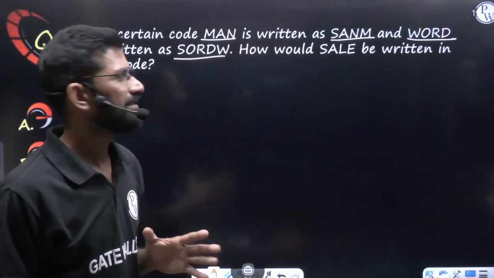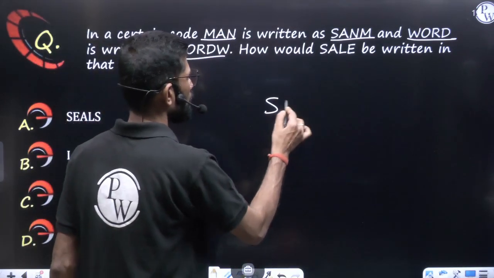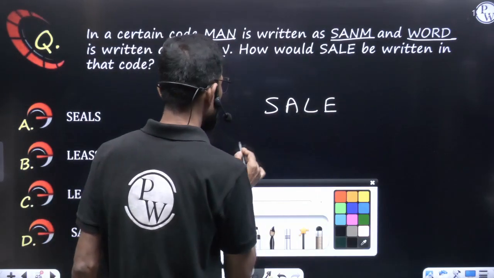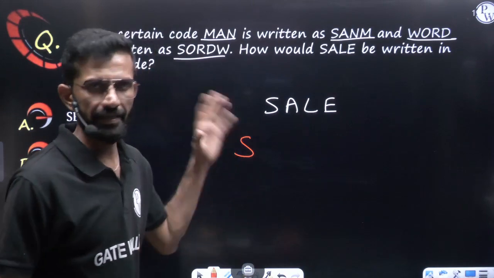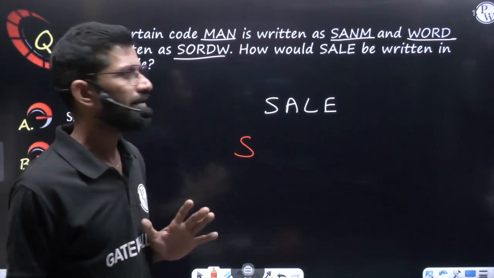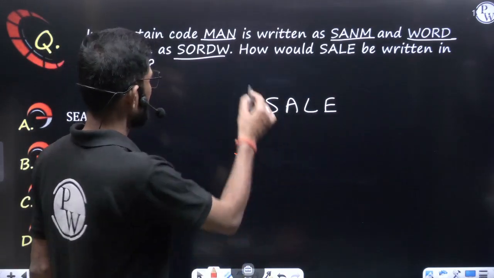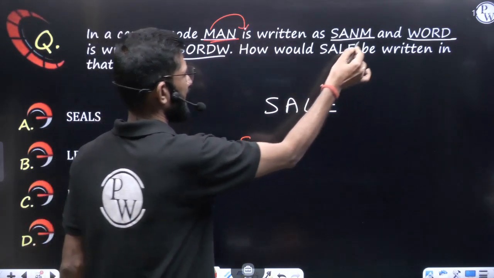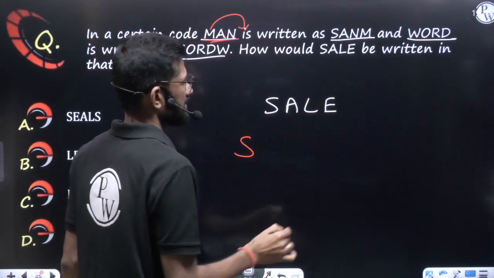That is S. So here they are asking you the code for sale. So first of all, the very first thing we have to do is write 1 extra letter S. Then we have to find out the pattern they are coding. In man, you can find M is sent to the last, AN is written as it is.